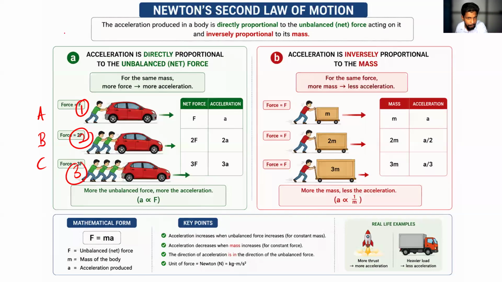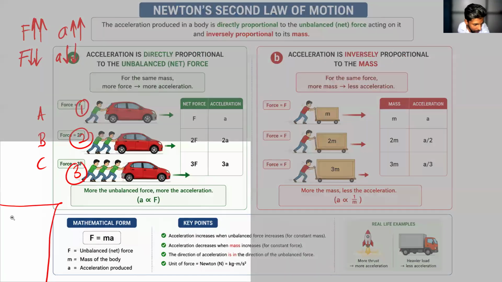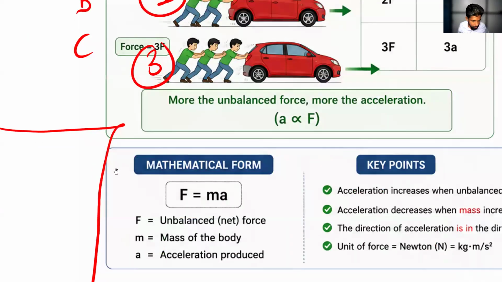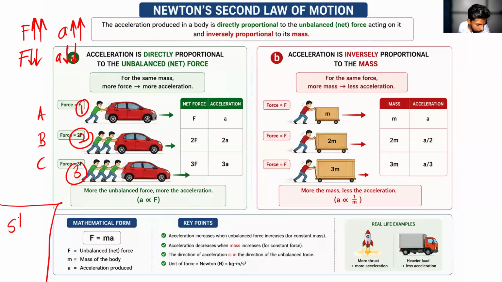So from this observation, you may have learned one thing. If the force increases, what happens? Acceleration increases. If the force decreases, acceleration also decreases. This is called directly proportional. Just imagine, you are studying well.